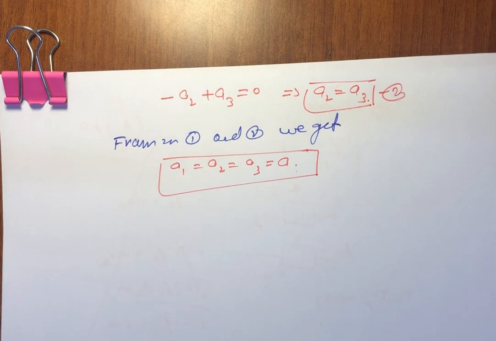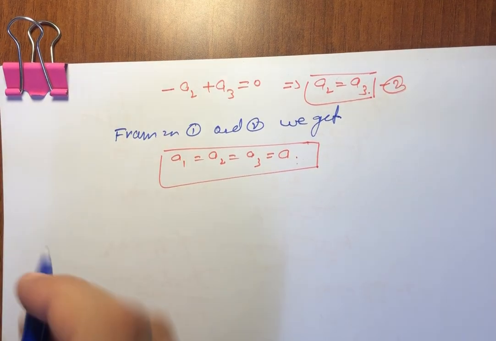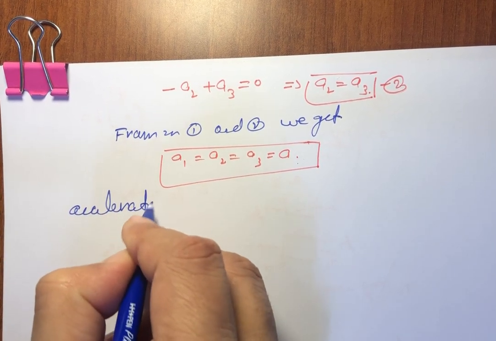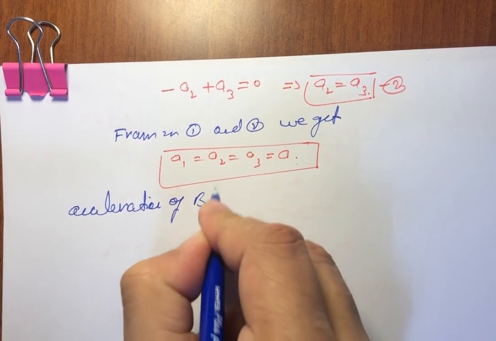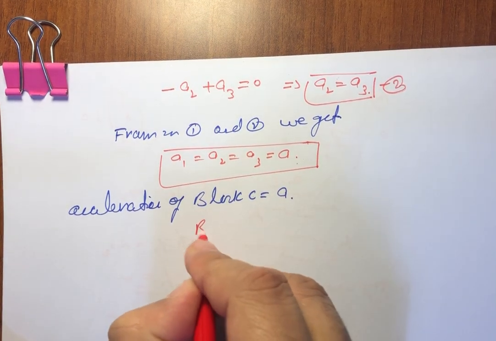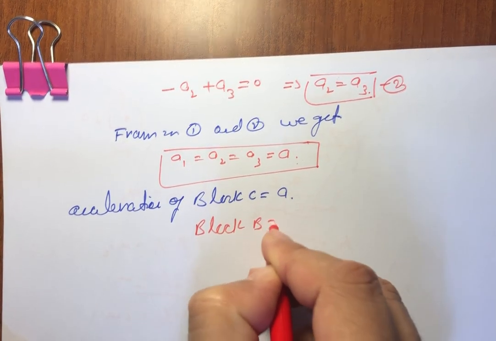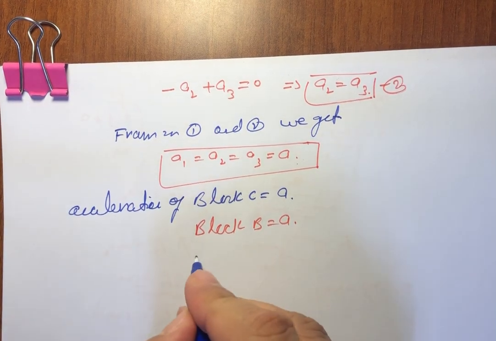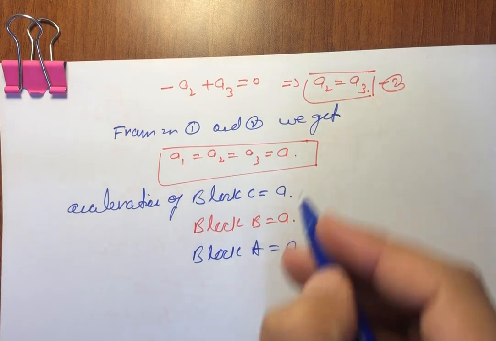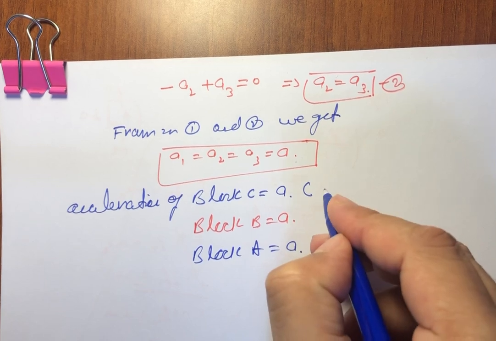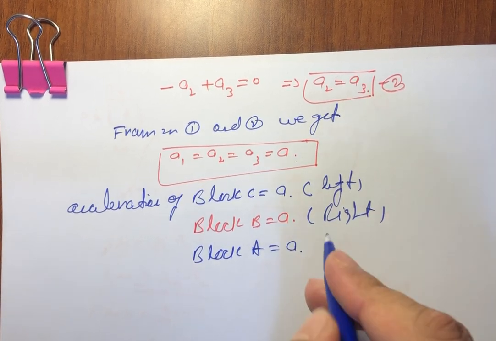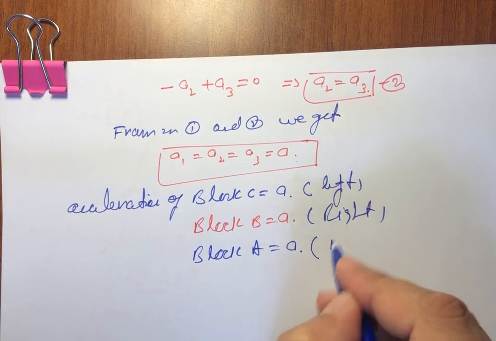So we can say acceleration of block C is a, block B is also a, and block A is also a. Block C will be towards left, block B will be towards right, and block A will be in downward direction.